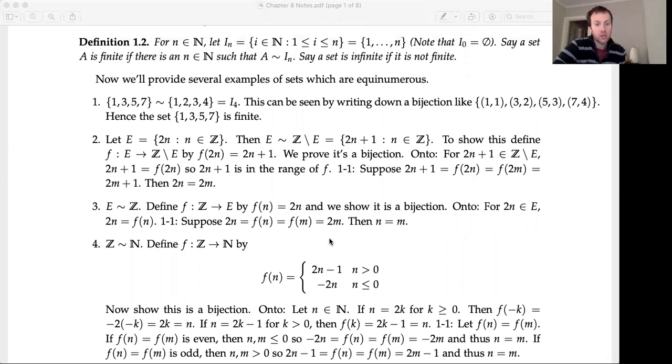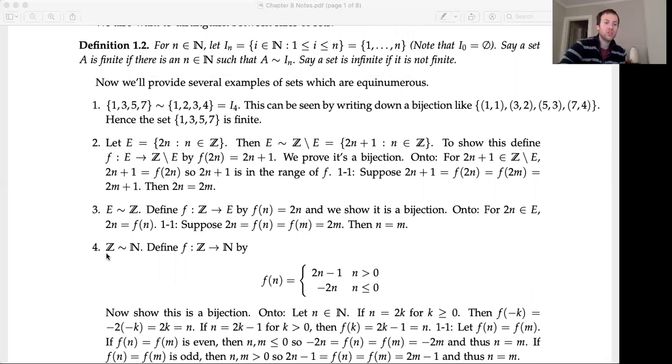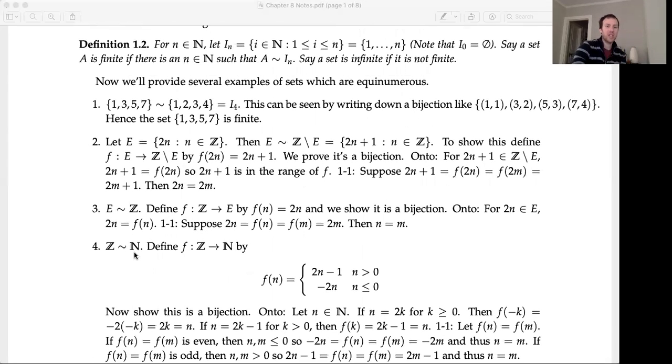So this is also strange by saying if you start with the integers, you throw out all the negative numbers to get the natural numbers, you end up with a set of the same size. Which again is strange because the natural numbers are a proper subset of the integers. There are a lot of integers which aren't natural numbers, but at least according to our definition, they have the same size.